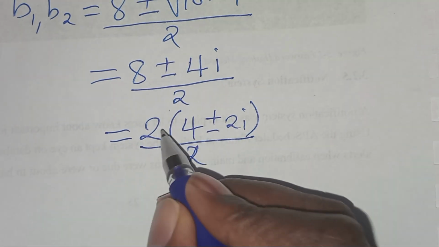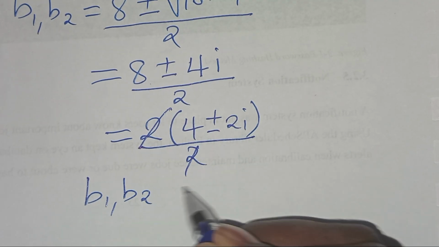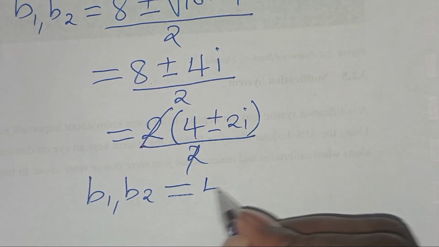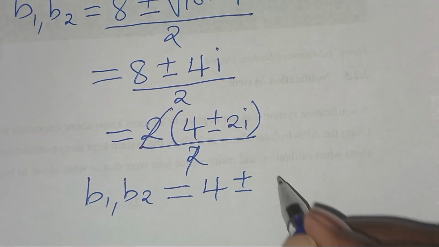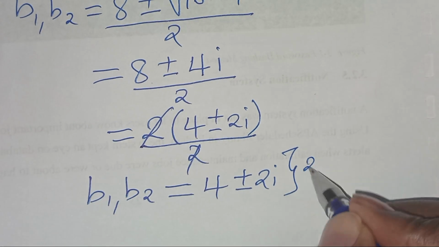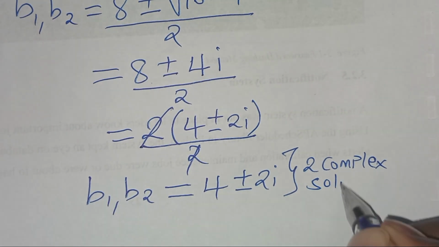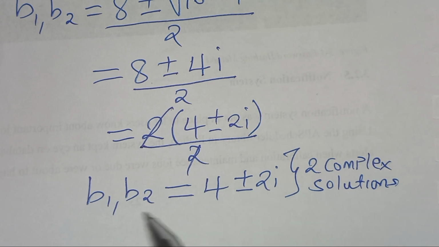So if you simplify, then b1, b2 is equal to 4 plus or minus 2i. So we have two complex solutions for b1, b2.